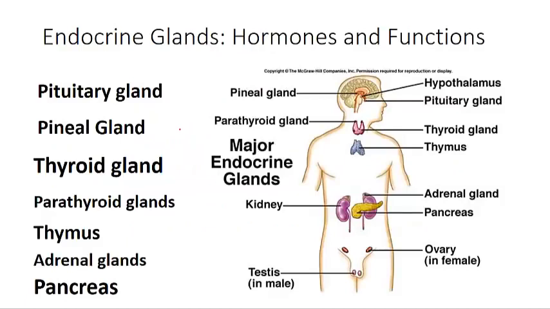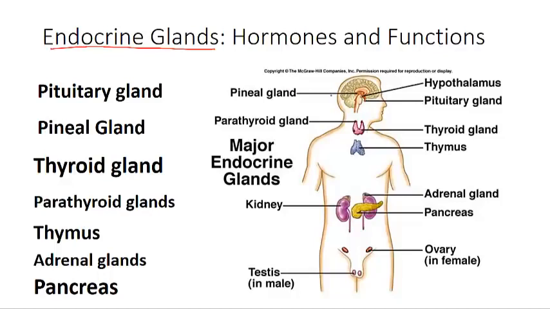Let's first talk about the most important organs in our body which produce hormones, known as endocrine glands. This is a diagram which shows all the different types of endocrine glands present in our body and what kind of hormones they are secreting.